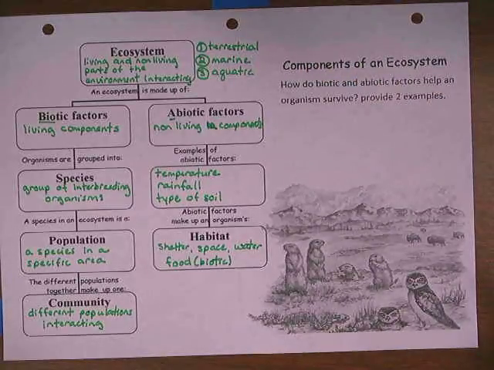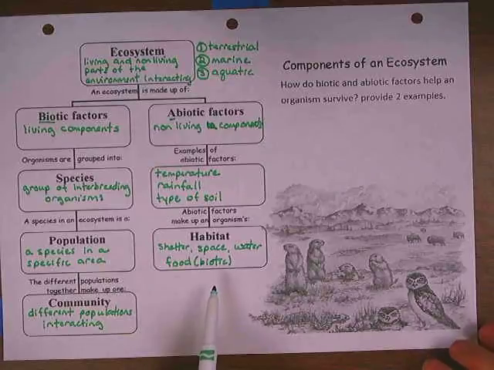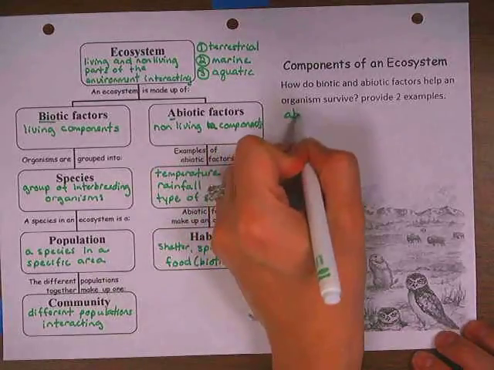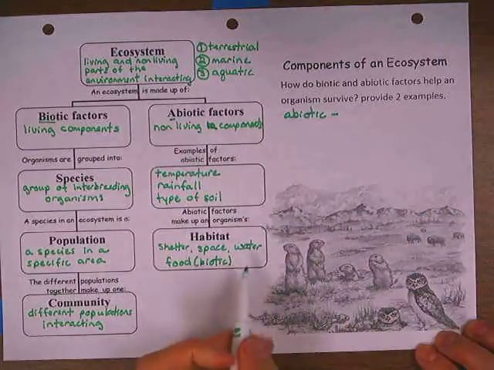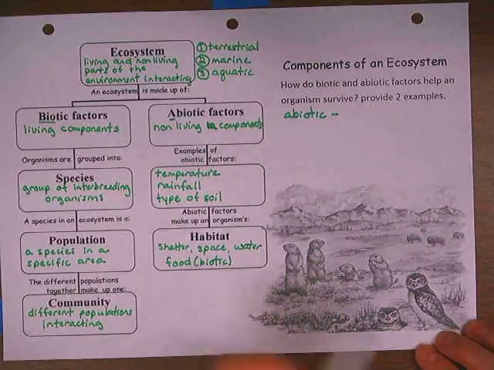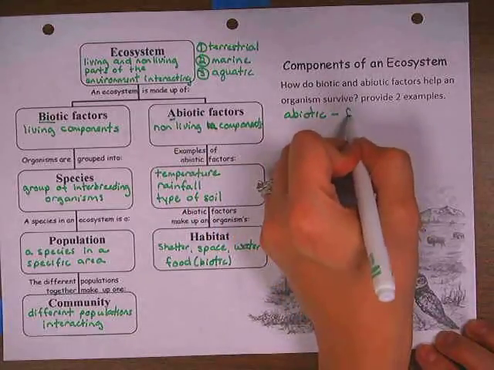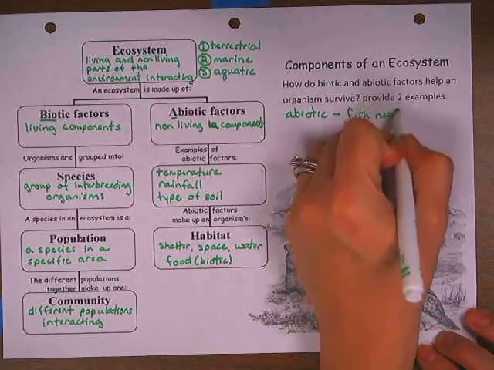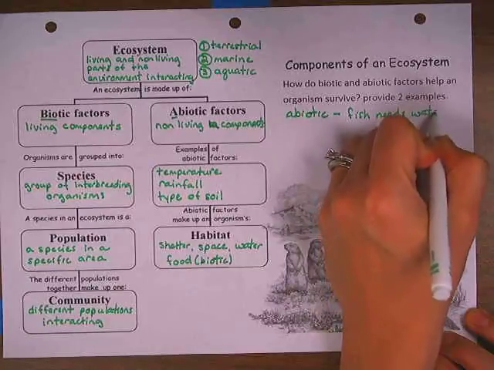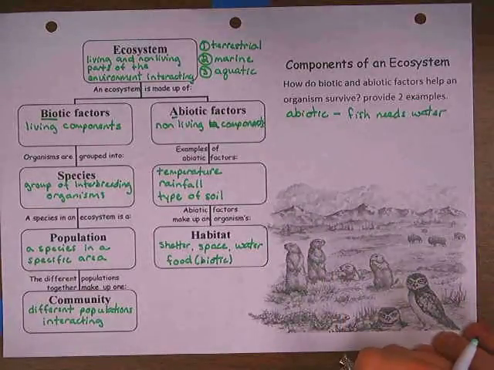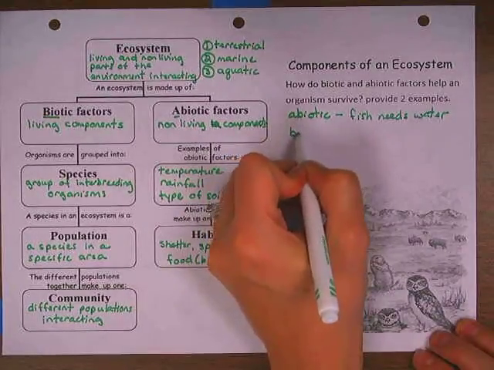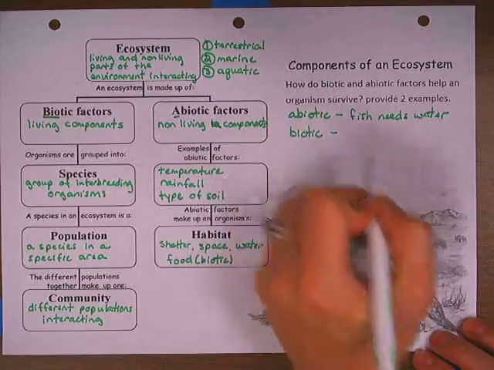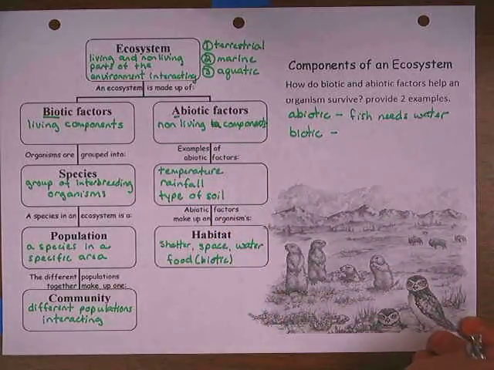So I want us to start thinking about this question: how do biotic and abiotic factors help an organism survive? And we just kind of talked about that with habitat. For example, we need abiotic factors. I can think of a fish right now. A fish needs water in order to survive. If it doesn't have enough water, it's not going to survive. If that water is too cold or too hot, it won't be able to reproduce, or it won't be able to survive as well.